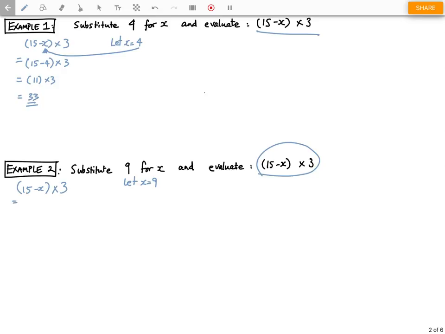Let's substitute x equals 9, so the 9 goes in there. So that's 15 minus 9 times 3. Do the correct order of operations. 15 minus 9 is 6 times 3. That's 18. So those are 2 examples to start.